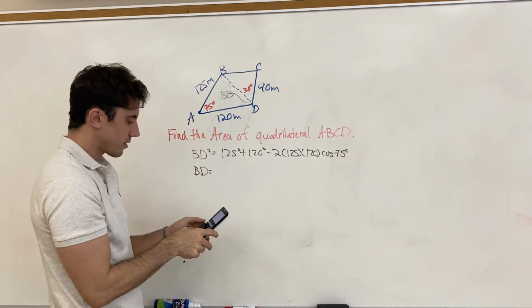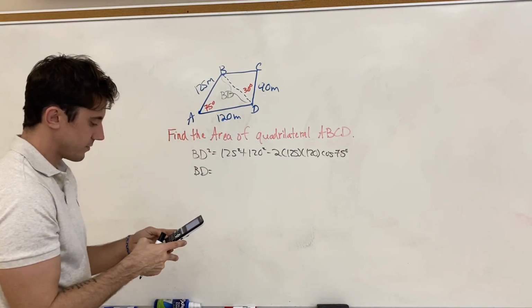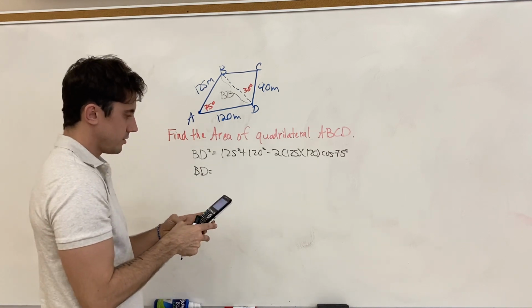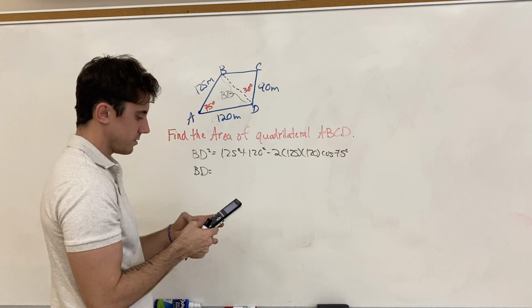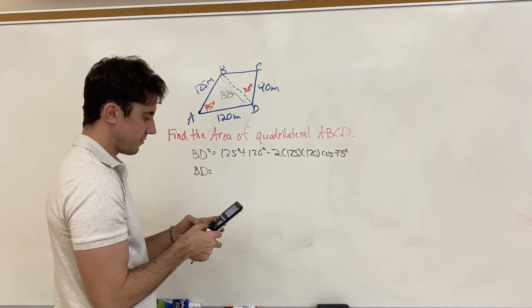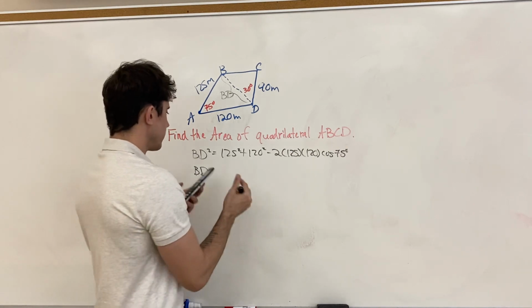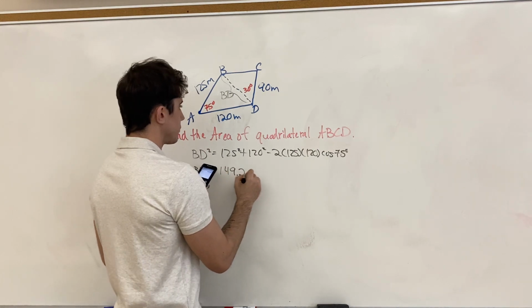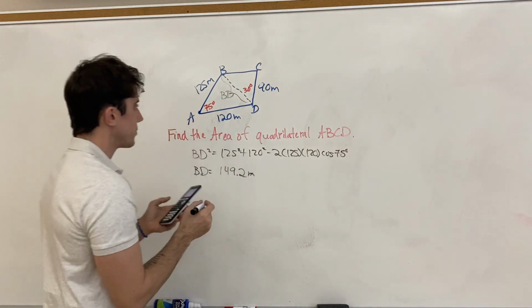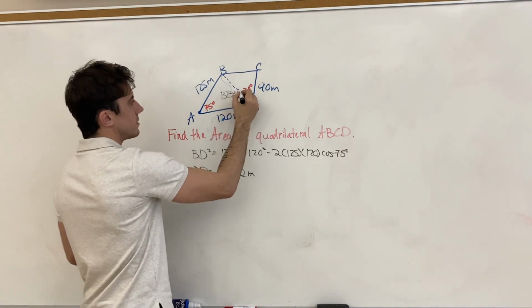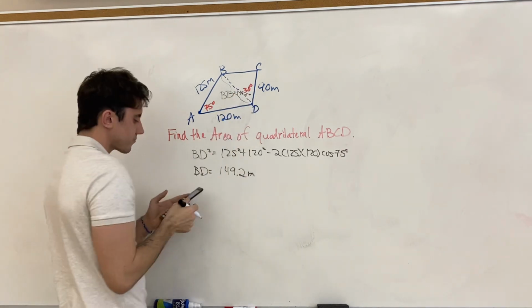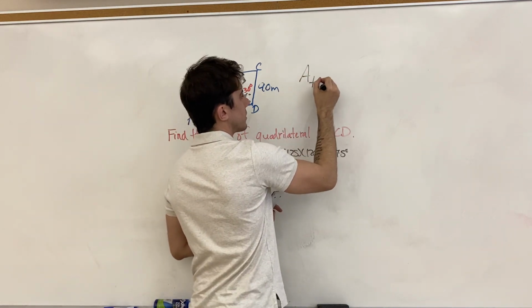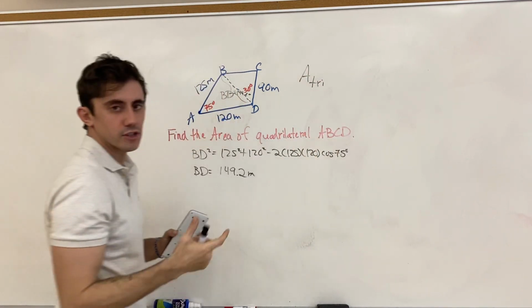So that'll be the square root of 125 squared plus 120 squared minus 250 times 120 times cosine of 75, which is 149.2 meters. So that's our BD, 149.2 meters.